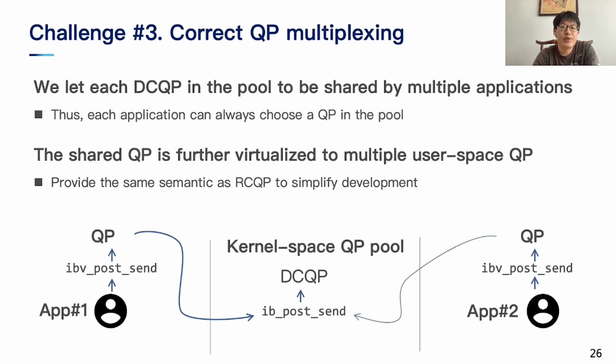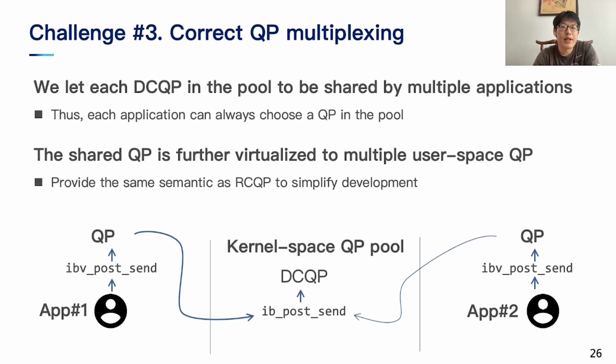Our final challenge I need to mention is how to multiplex QPs to multiple applications correctly. To prevent an application from not sharing a cached QP, we allow each DC QP in the pool to be shared among different applications. We further abstract the shared QP so that it gives the application an illusion of an exclusively owned QP.